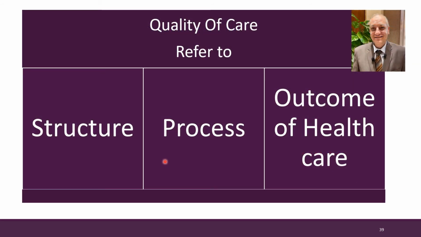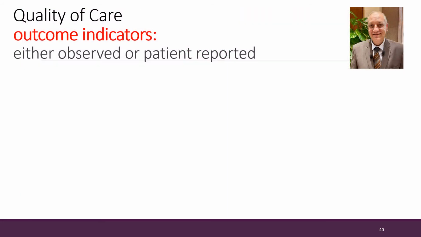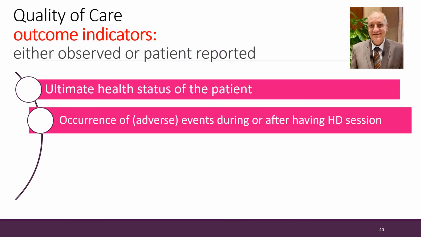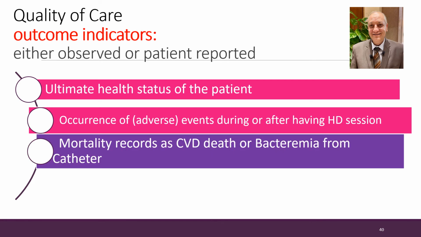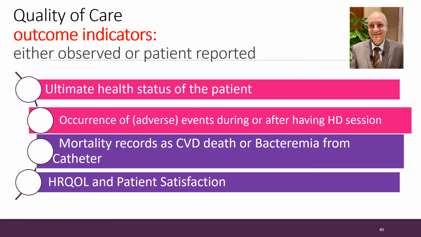Structures, process, and outcome of health, the 3 cardinal cornerstones in the quality of treatment. How you do the structure and how you are giving the drugs in the process of the treatment, then you can measure the outcome of healthcare. Indicators like health status of the patients, adverse events, mortality and morbidity, health-related quality of life, and patient satisfaction.